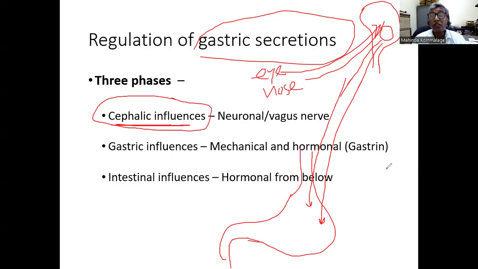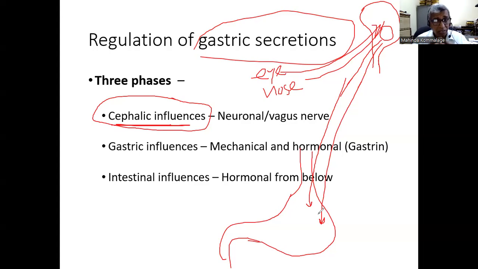Right, maybe now it's not included, but in our days it was in the advanced level or O level books. So that is exactly the same thing. This reflex, right? So when we see the food, when we get the smell, when we think about the food, gastric secretion initiates. So it's the same thing that I mentioned in the last lecture about salivation.